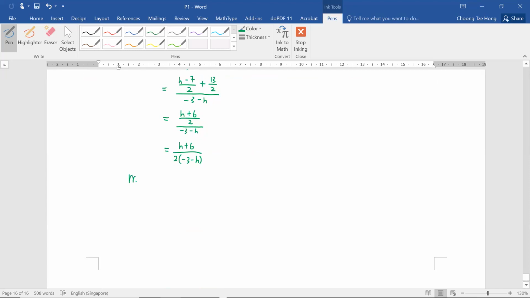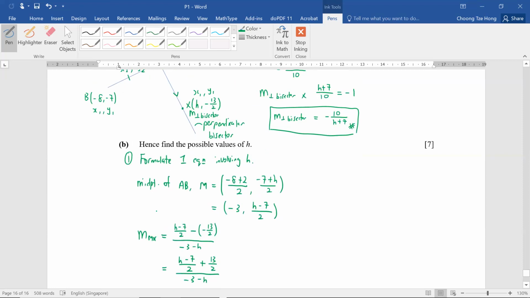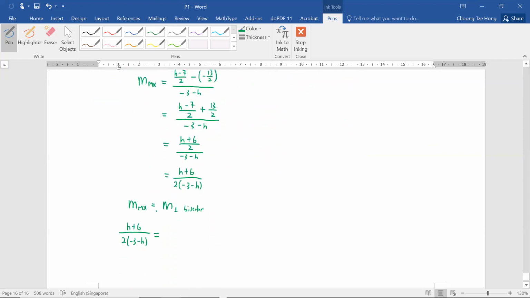So the gradient of MX equals the gradient of the perpendicular bisector. Remember, whenever we want to solve for one unknown, we try to formulate an equation, right? The gradient of the perpendicular bisector just now was -10 over (h plus 7).